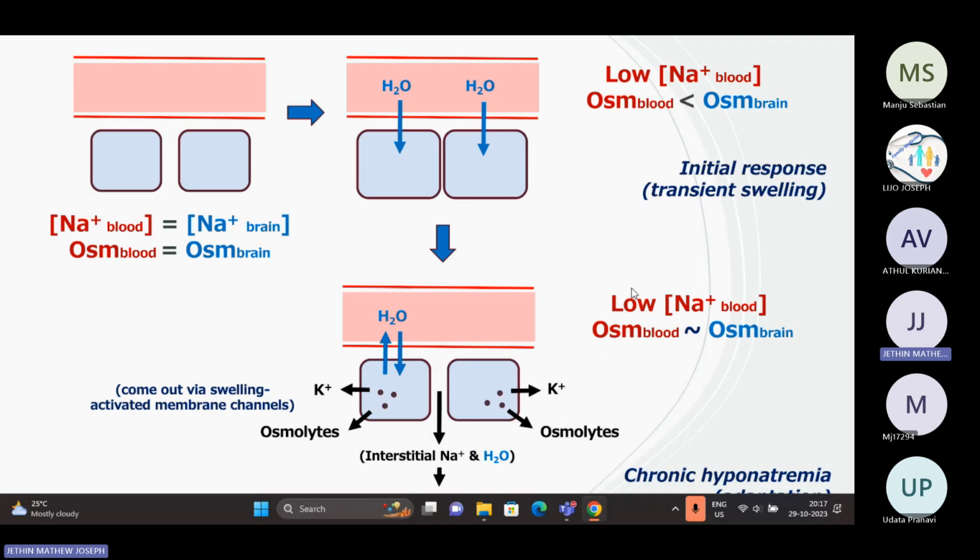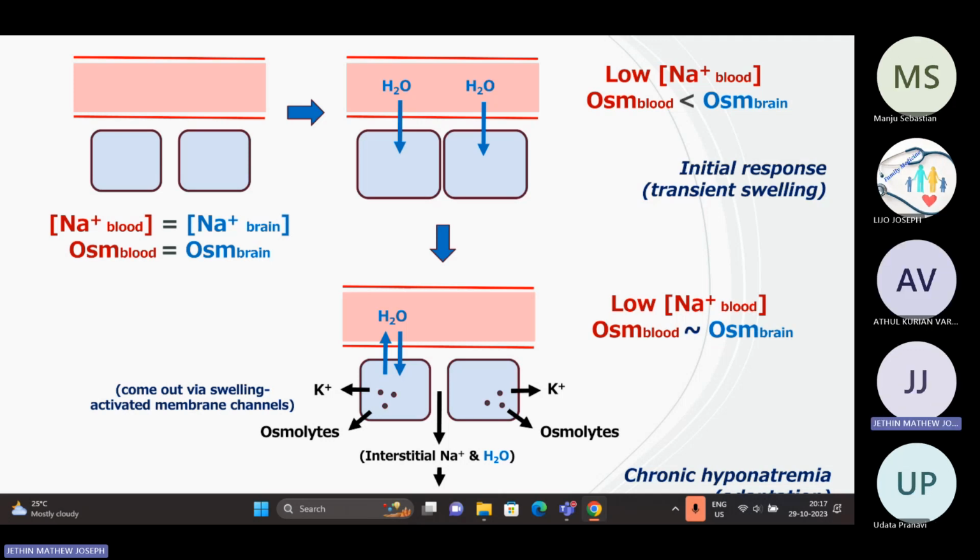In chronic hyponatremia, there is an adaptation which occurs in the brain cells. The brain cells have certain osmotically active particles called osmolytes inside them, including potassium. They begin to secrete these osmolytes, and as a result, water starts to come out of the brain cells and goes into the vascular space and the interstitium.